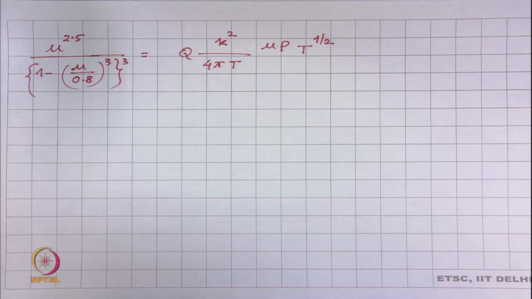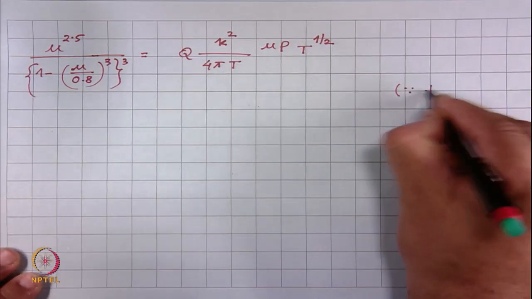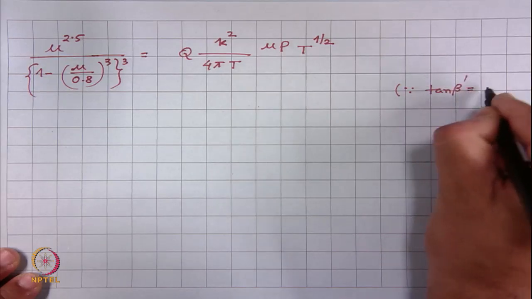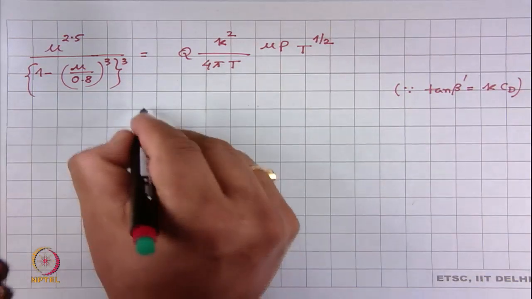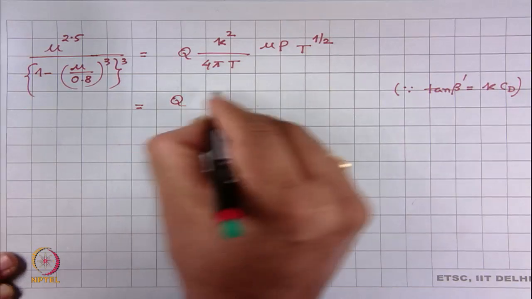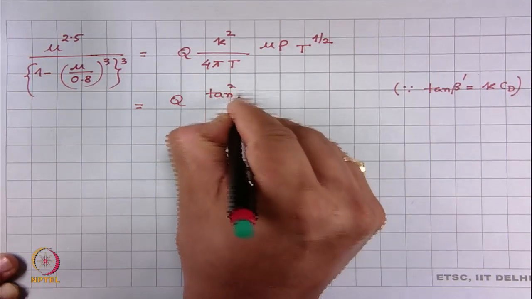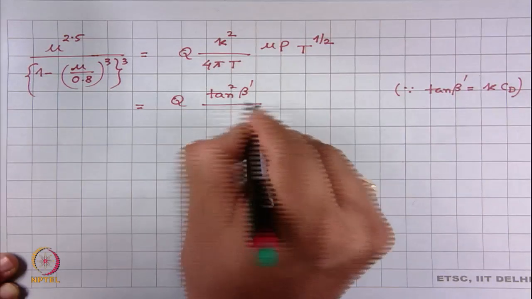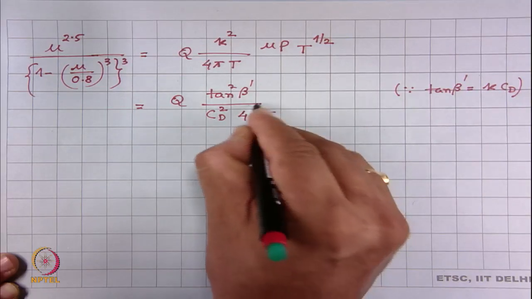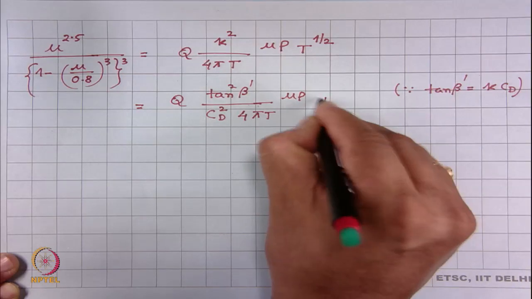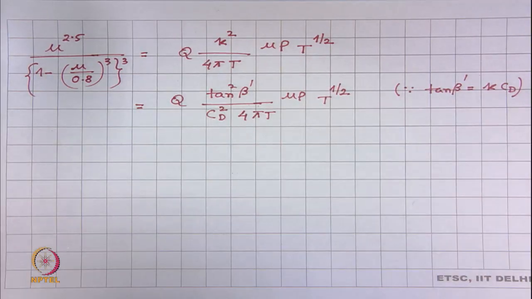Now, what is kappa? We know that tangent of beta prime is equal to kappa times Schwarz constant. Then we can substitute Q tan square beta prime by Schwarz constant square 4 T mu rho T to the power half, right. Now, what is C D?